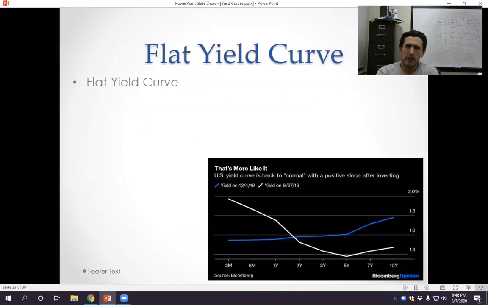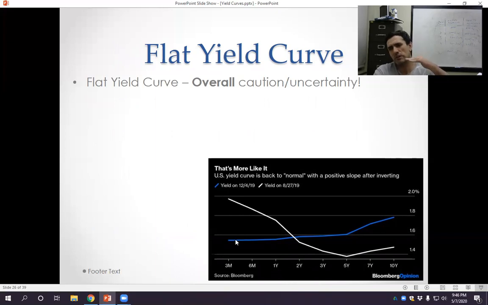And I don't want to get too much into flat yield curves, but flat yield curves are just like what it says. They're fairly flat. They don't really change in terms of maturity time. So, for example, this is from a Bloomberg article. This is the December 4th, 2019 yield curve in blue.